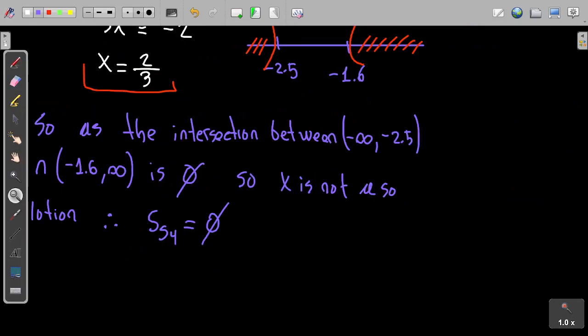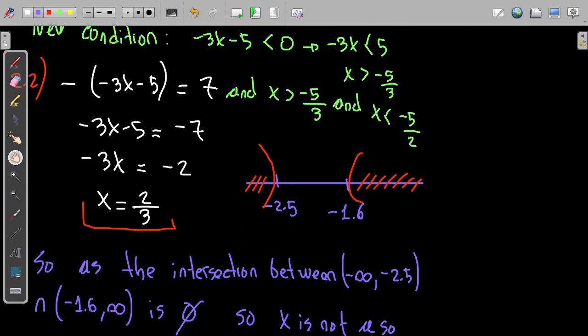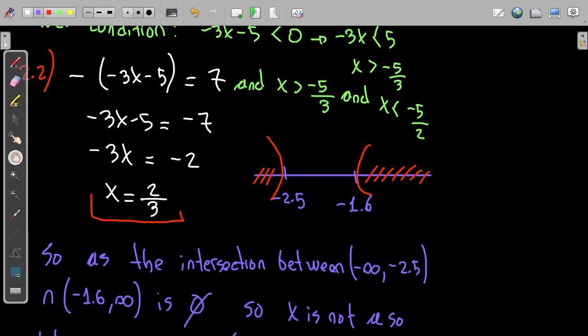Now we don't have any more equations to solve. We are already done.